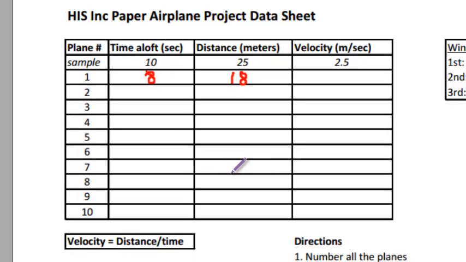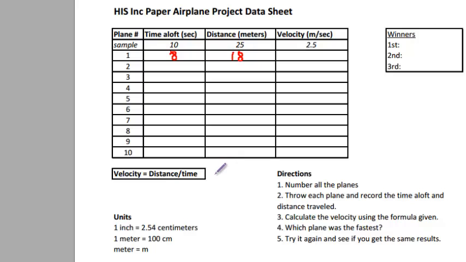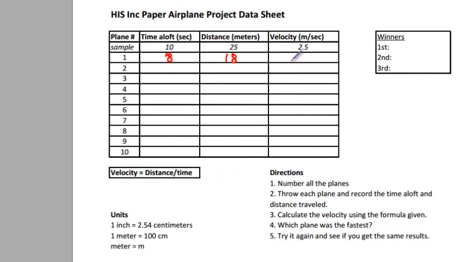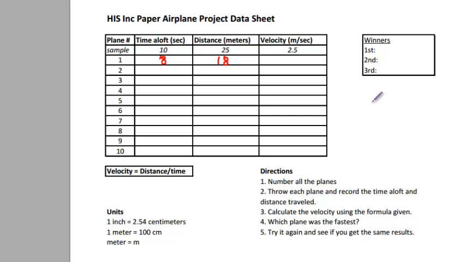So now what you're going to do is look down here and you see this formula for calculating velocity, and you're going to calculate the velocity for that plane. So in our case, for plane number 1, we see that the distance was 18, so that's going to go on the top. And we're going to divide that by 8.